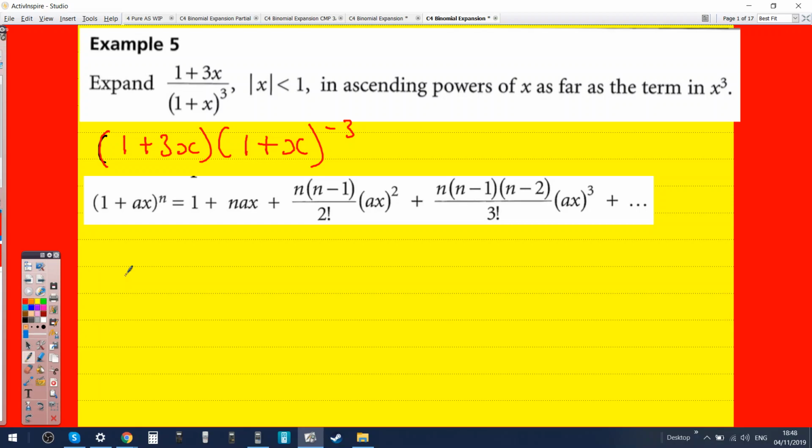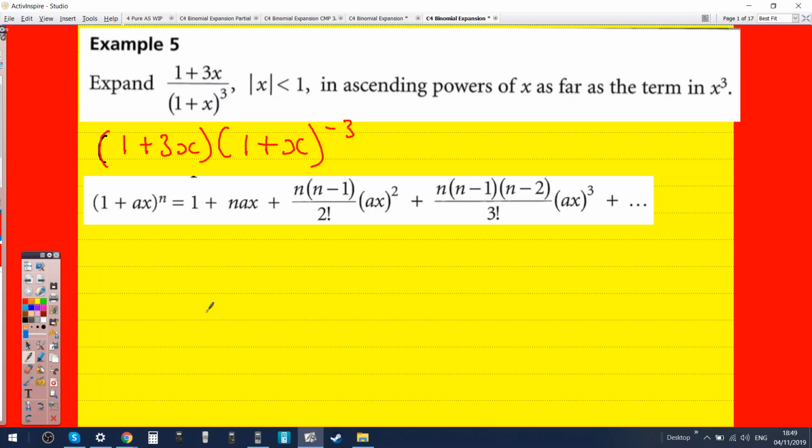It's similar to the previous one. Instead of 0.125 times everything at the very end, it will be this 1 plus 3x times everything. So you just expand the second bracket that has the negative power as normal and go from there. Okay.